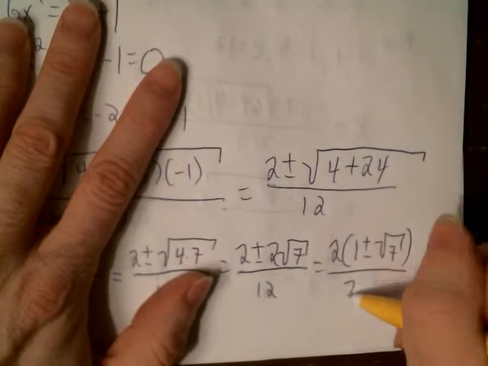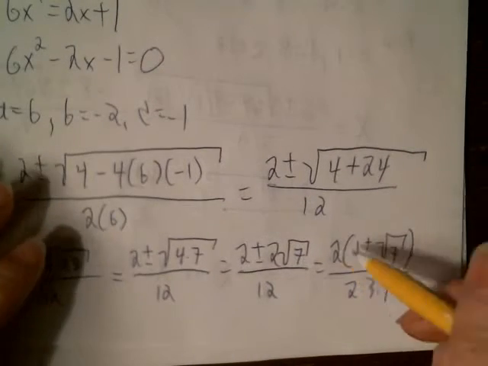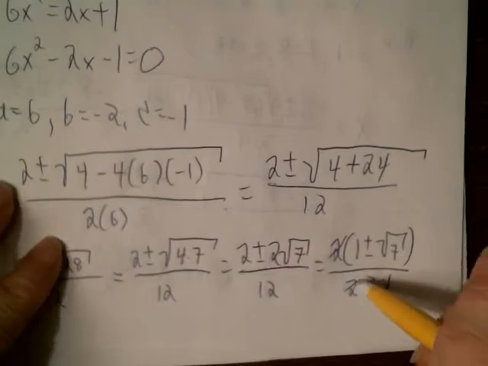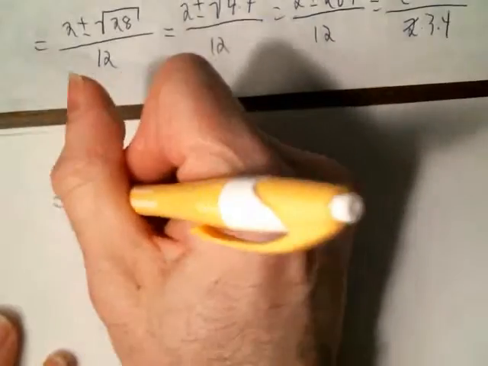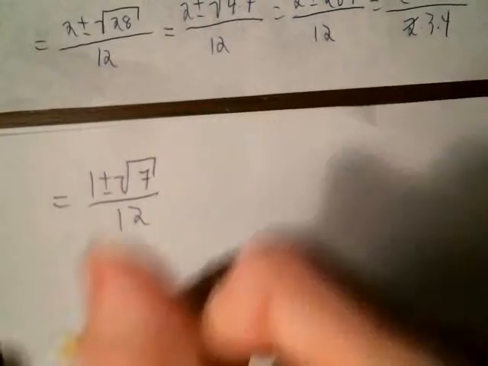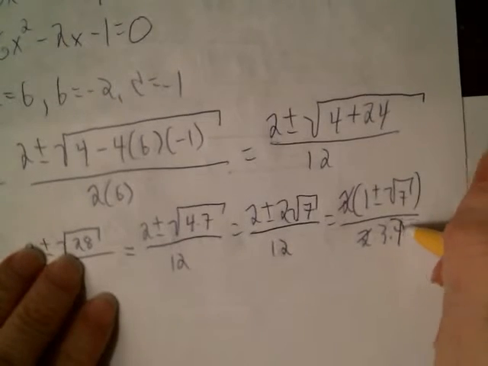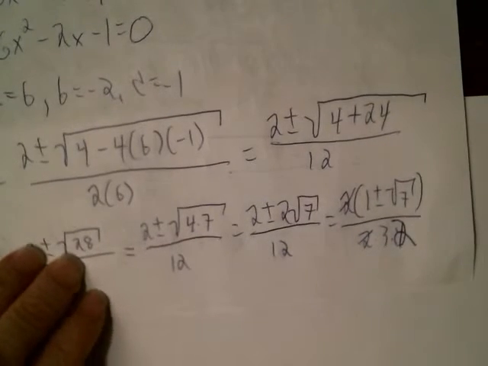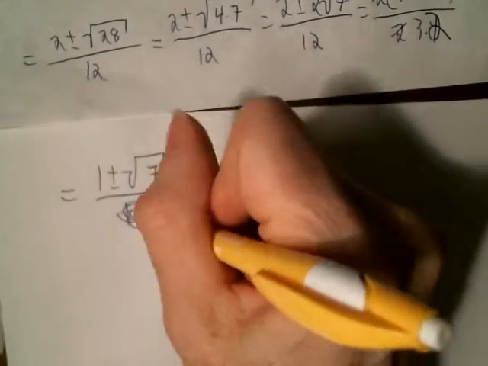The denominator is 2 times 3 times 2, sorry. So I can remove the 2's, 2 over 2 is 1, and so our final answer is 1 plus or minus radical 7 all over 6.